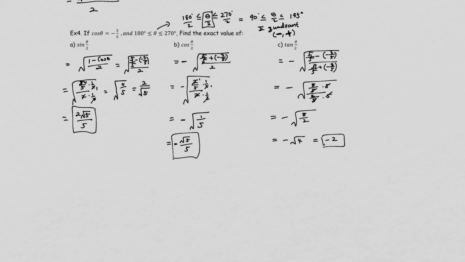And this is how you're going to find exact value with the full angle given and when you're looking for a half angle. So we did how to solve or find exact value by using half angle and double angle before. And now using those formulas to see if we can verify it, right?